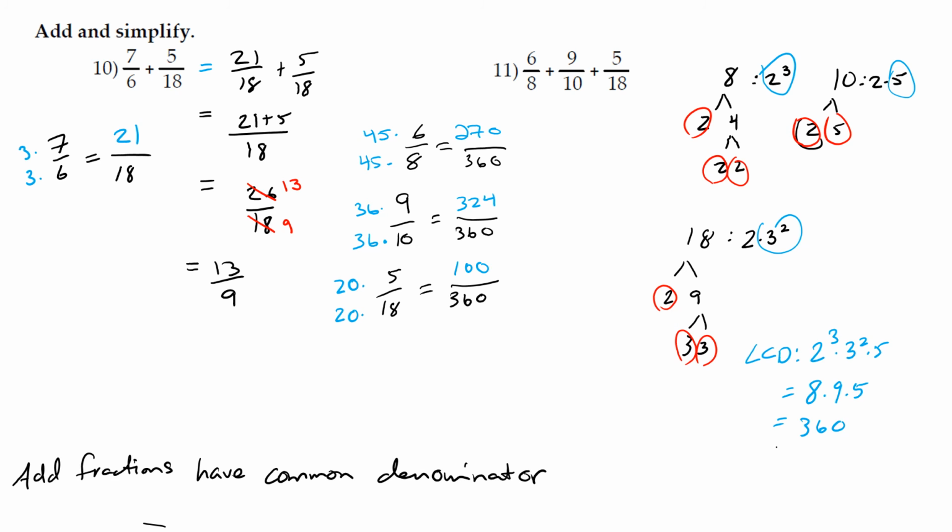So my original problem will now be 270 over 360 plus 324 over 360 plus 100 over 360. So I can add all the numerators, keep the denominator. 270 plus 324 plus 100 all over 360.